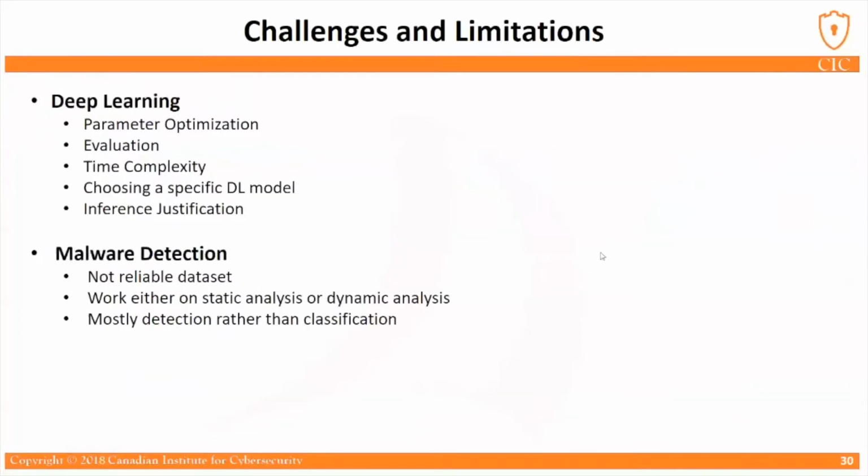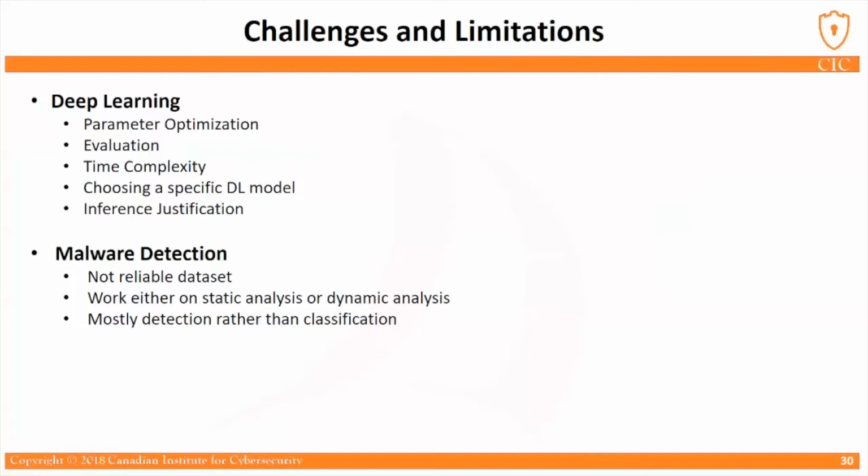I will talk about the challenges and limitations, some of them, of the proposed methods. From the deep learning side, most of them haven't fine-tuned and optimized the parameters, for example, the number of hidden layers, the number of hidden neurons in each layer, and so on. And they haven't evaluated their framework very well. They have not calculated enough machine learning measures like accuracy, false positive, false negative.